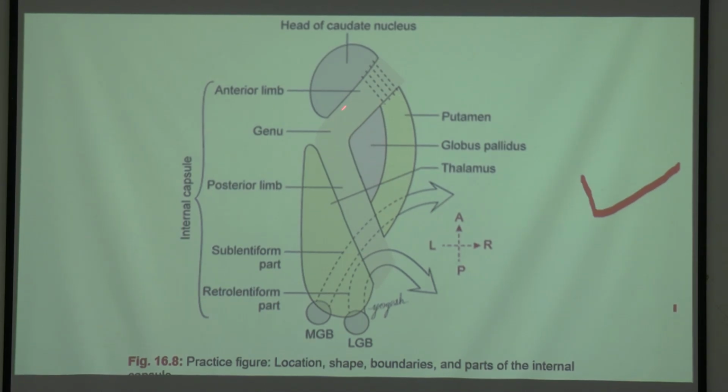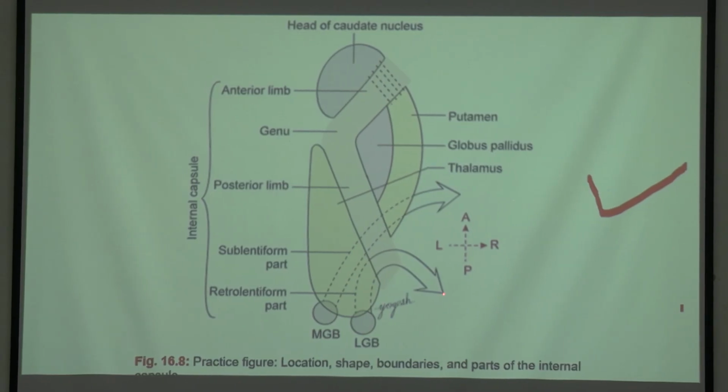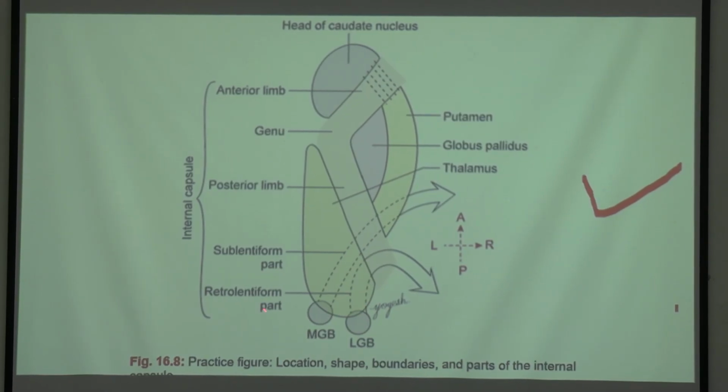Internal capsule, again, this is the anterior limb, this is the genu, this is the posterior limb, and this part behind the lentiform nucleus is called the retrolentiform part, through which the optic radiation is passing. And another nucleus we can find below this thalamus, this is the medial geniculate body, and from here the fibers are coming and passing below this lentiform nucleus.